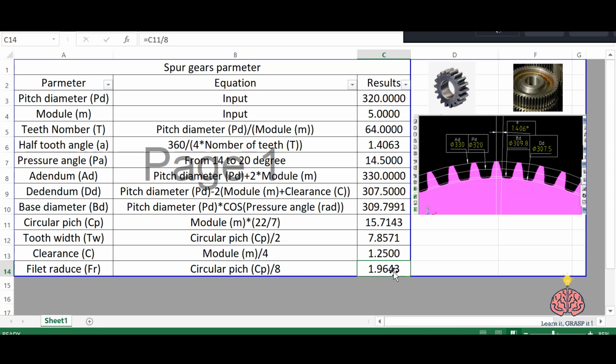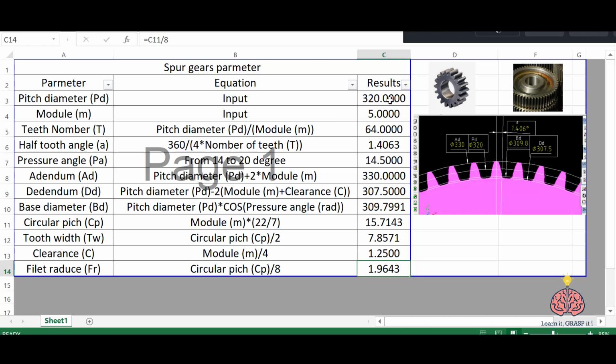This is the fillet radius. This equation on Excel is always a formula.